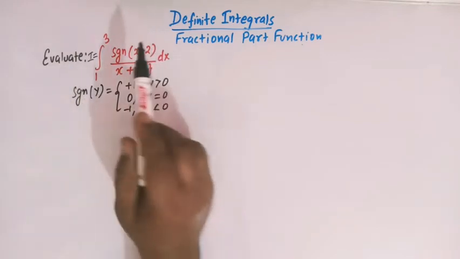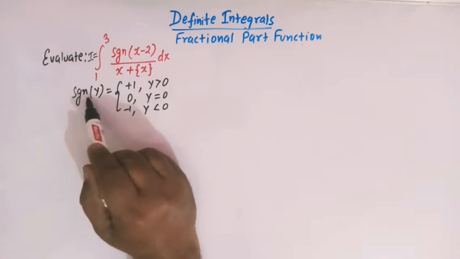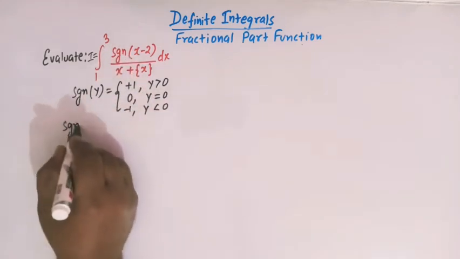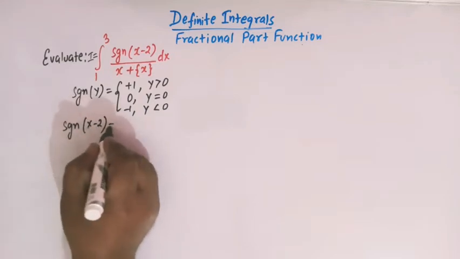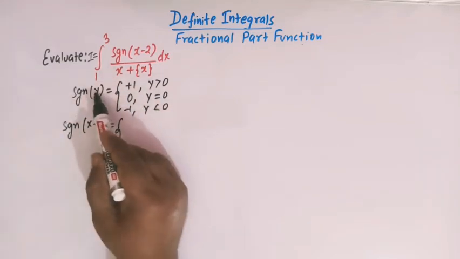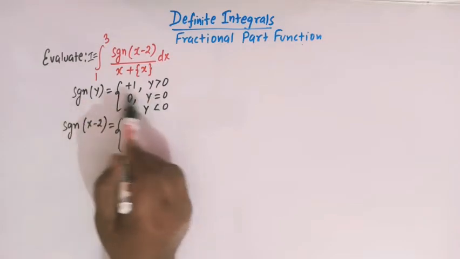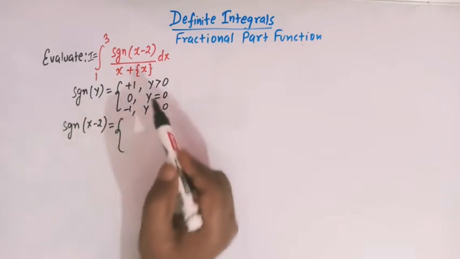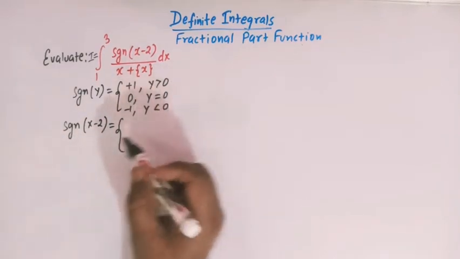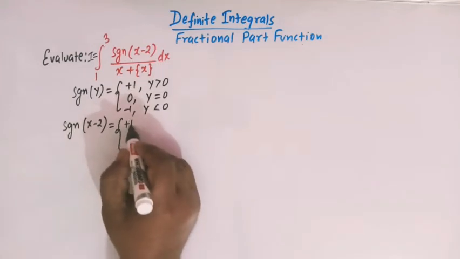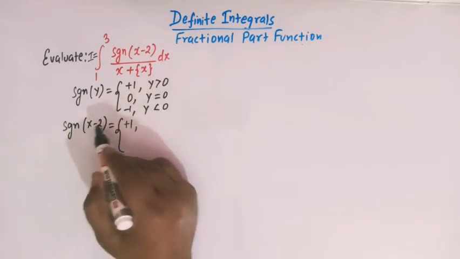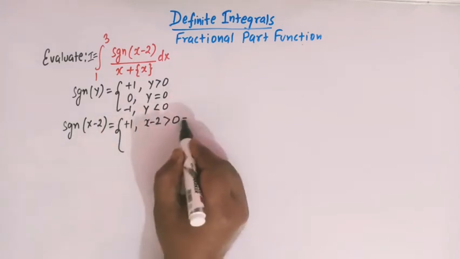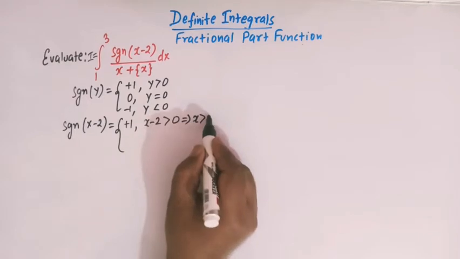So now we have to apply this definition to this function, that is signum of x minus 2. If we take y as x minus 2 and we write the definition of signum of x minus 2 on these lines, signum of x minus 2 is plus 1 whenever y is greater than 0. So here we have x minus 2 is greater than 0, or this implies x is greater than 2.